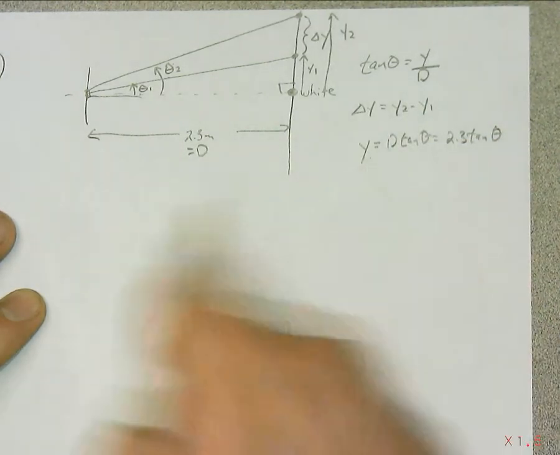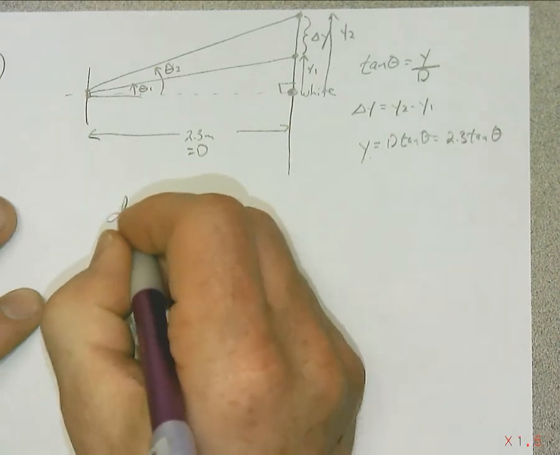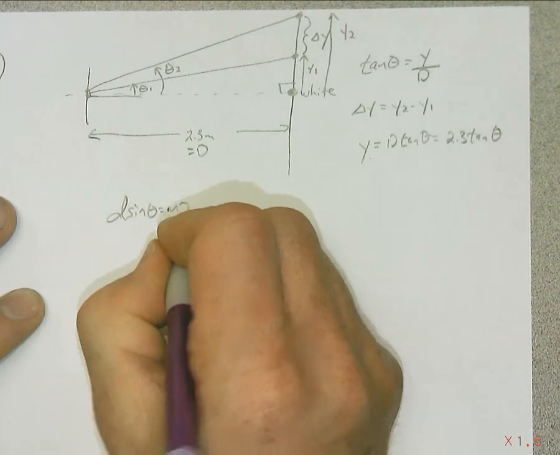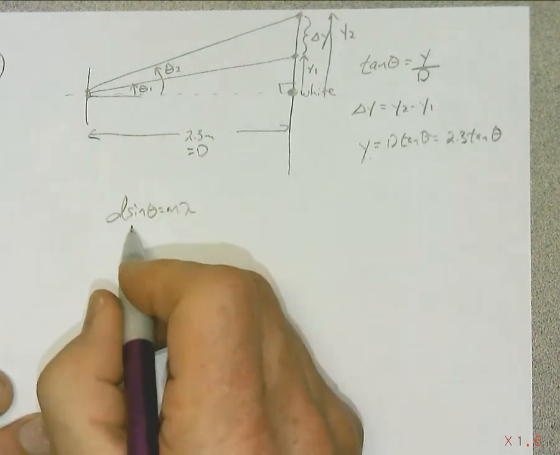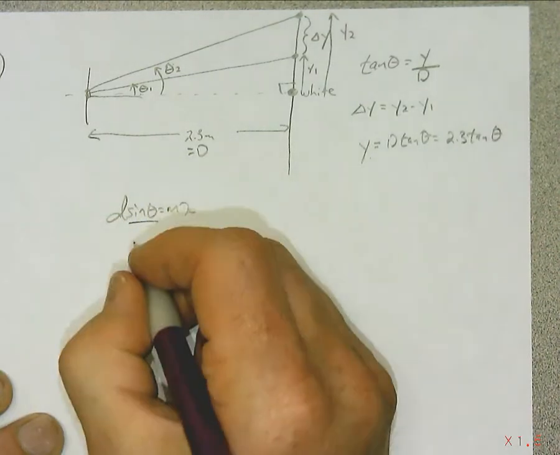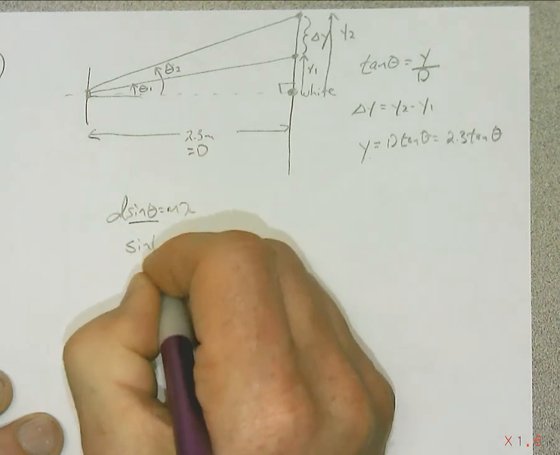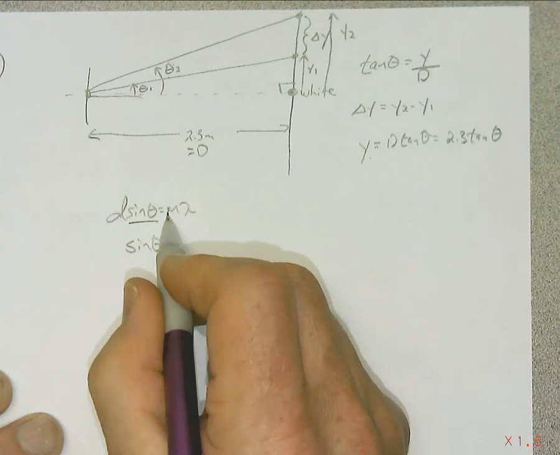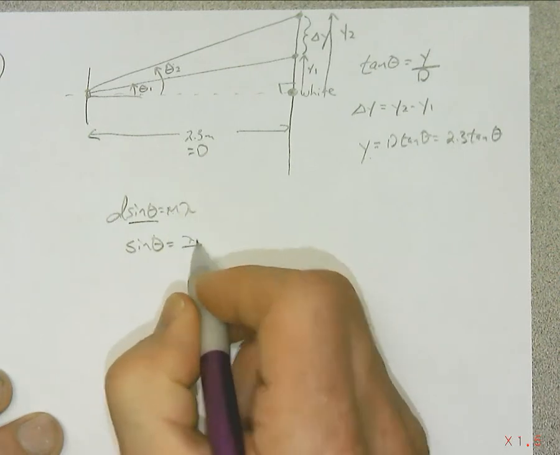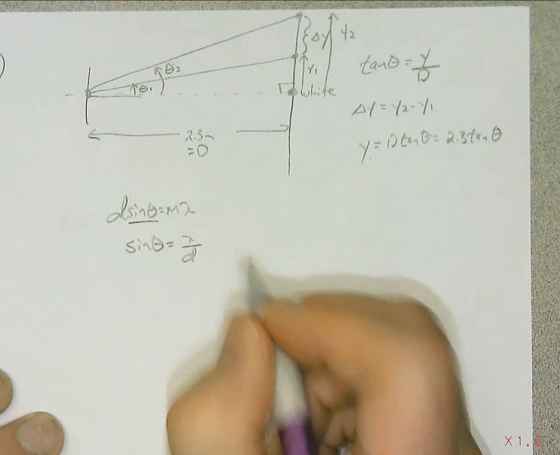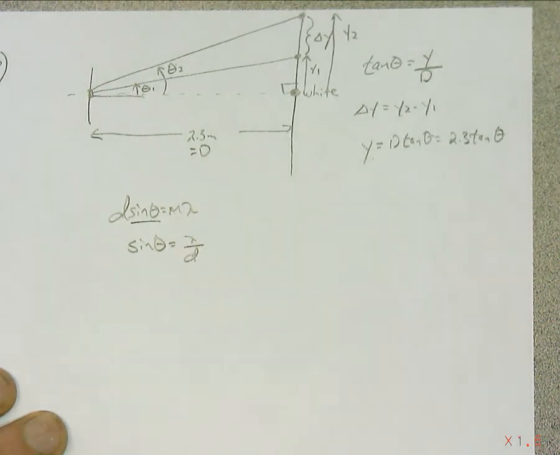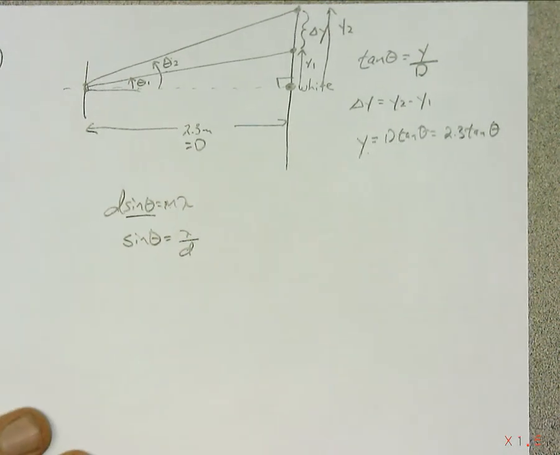So we use d sine theta equals m lambda, and we want to extract the two angles. Sine of theta is equal to, now it's first order, so m is equal to 1, so it's just lambda over d. We do that for both of the angles in question, and we'll have our solution quite readily.